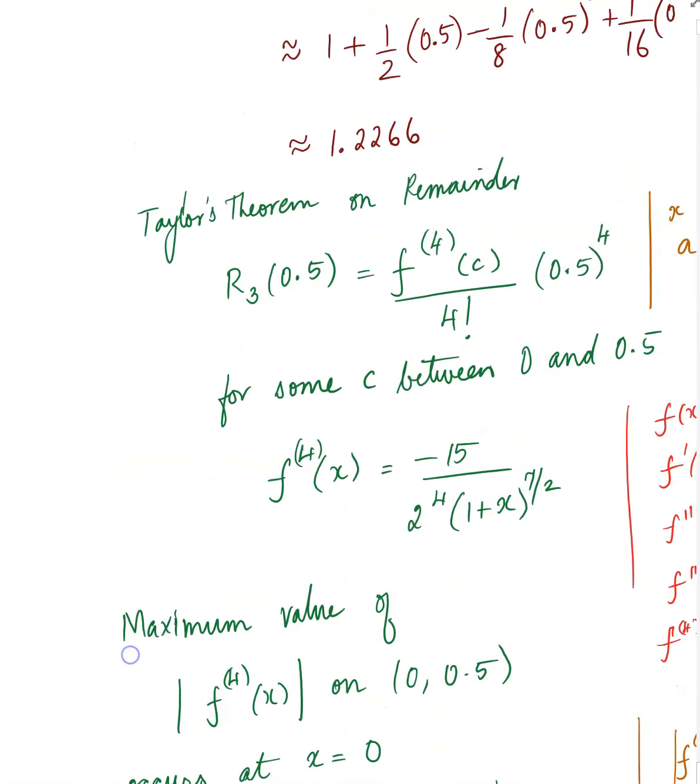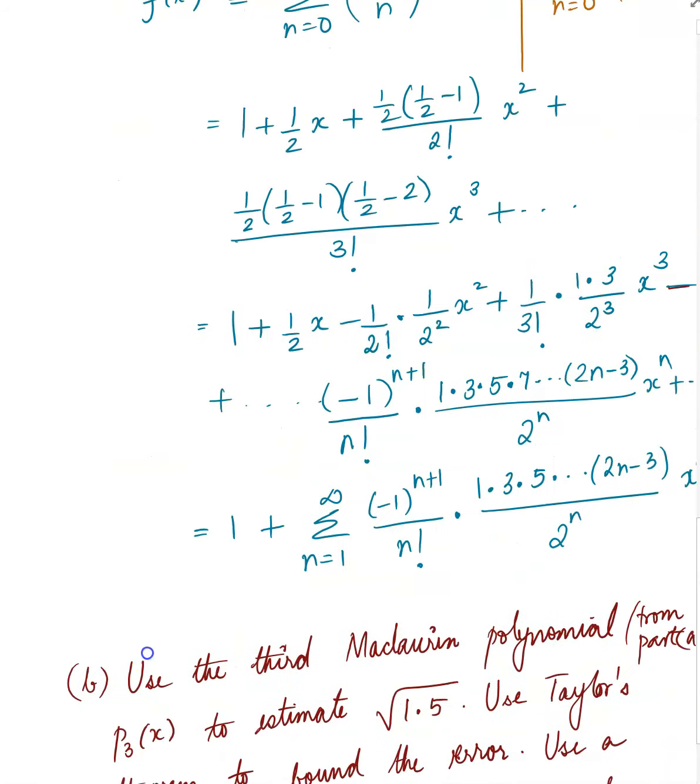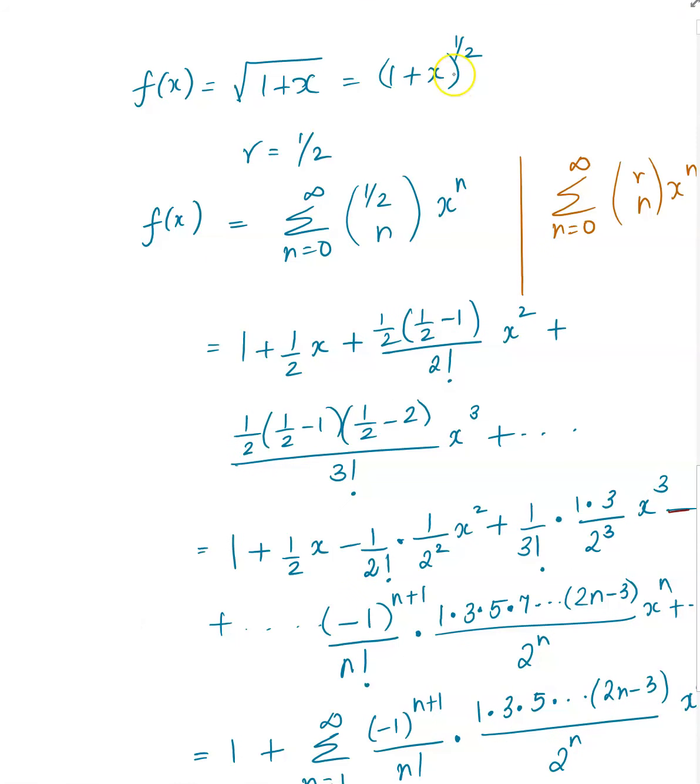P3 is a cubic function, so it is going to be a cubic style function. And your f of x is a square root function, right? And you know how the square root function works. The two functions actually cross each other at 1, and that's where they meet.